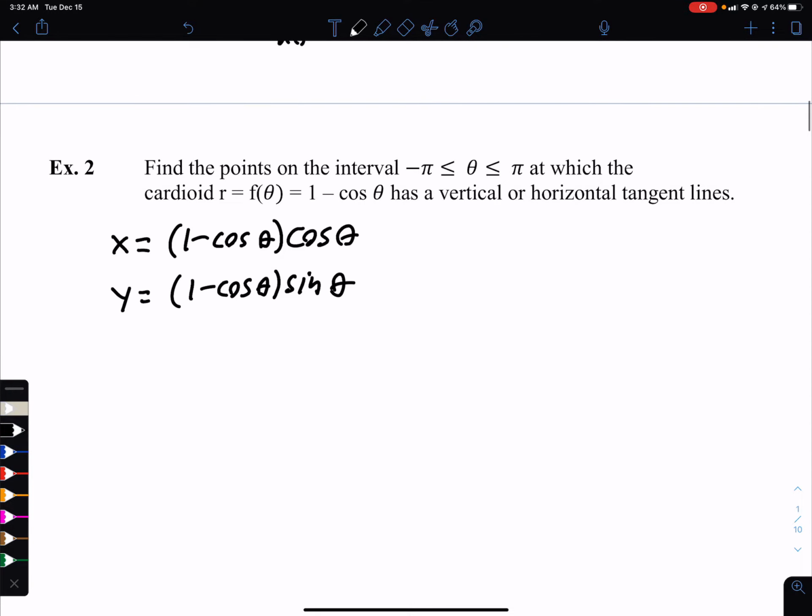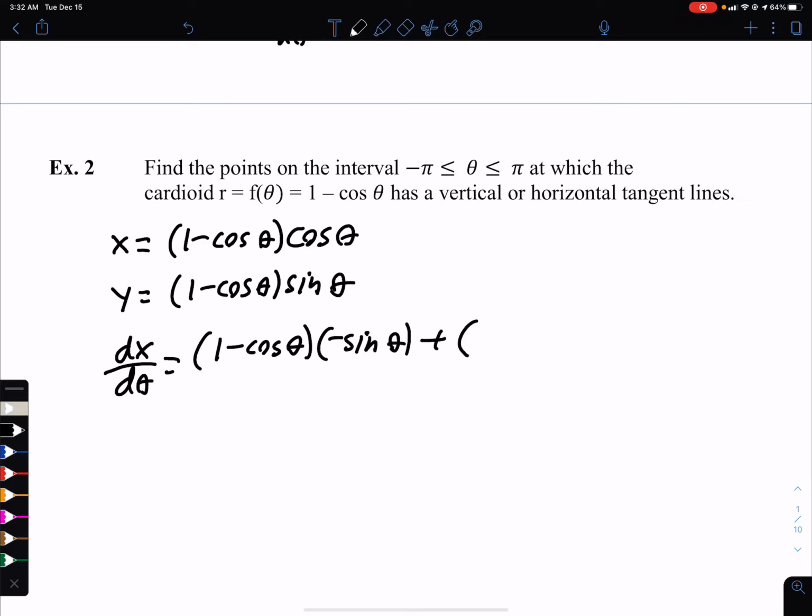So we have to find dx dt, or d theta. We're going to use the product rule. So leave the first alone, take the derivative of the second, plus take the derivative of the first.